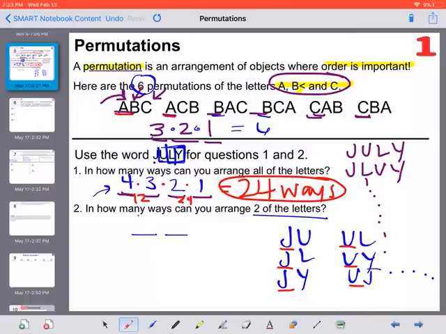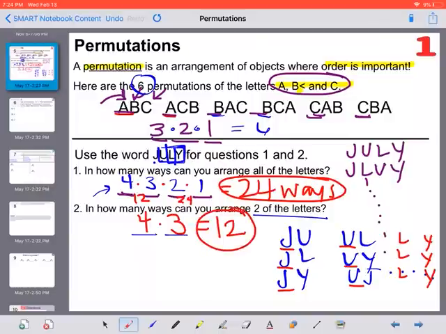A J, a U, an L, or a Y. And then for the second spot, we had 3 choices left. There are 12 ways. We could have 3 starting with J, 3 with U, 3 with L, and 3 starting with Y. So there are only 12 ways to arrange groups of 2 of them.